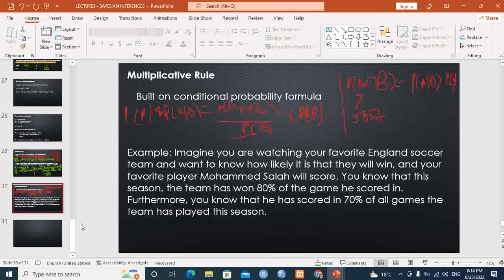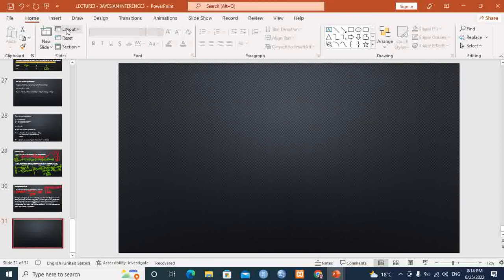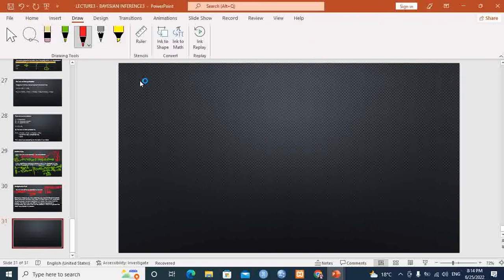So I think we have some information. Let's say A is team wins, and B is Salah scores. So what we are looking for is the probability of the team winning and Salah scoring.